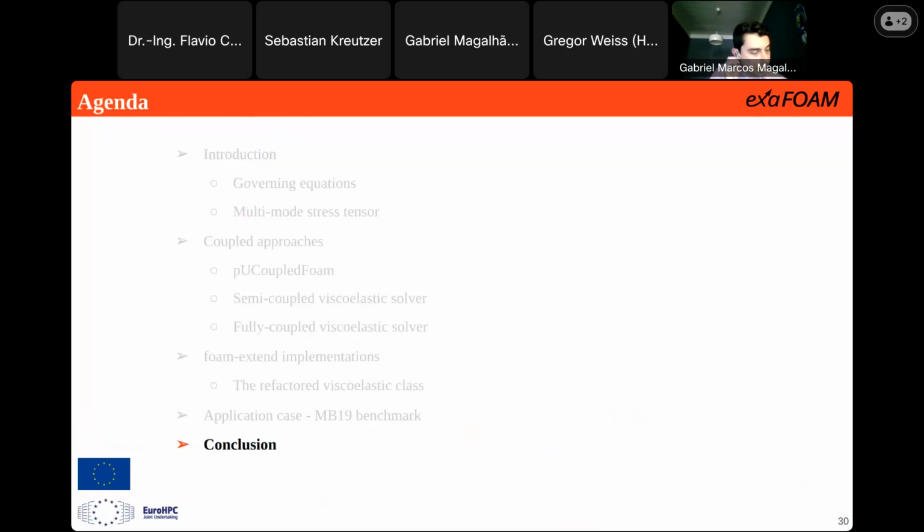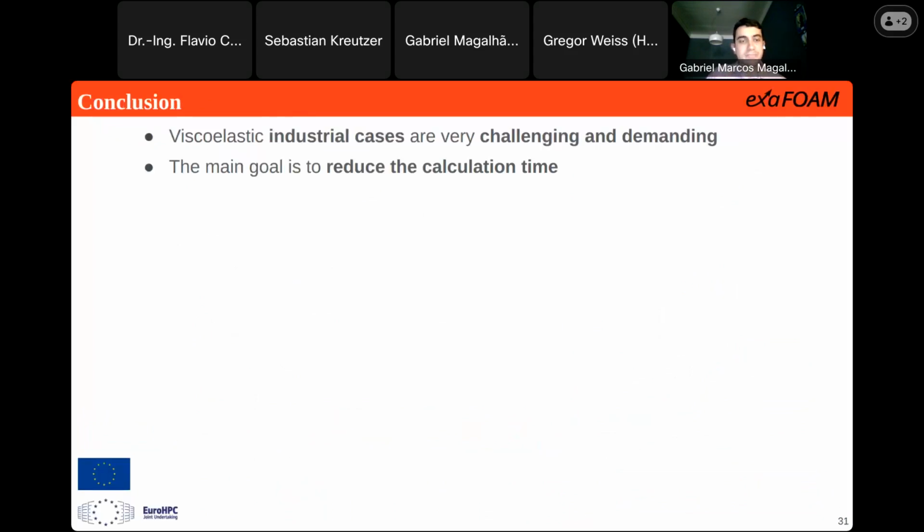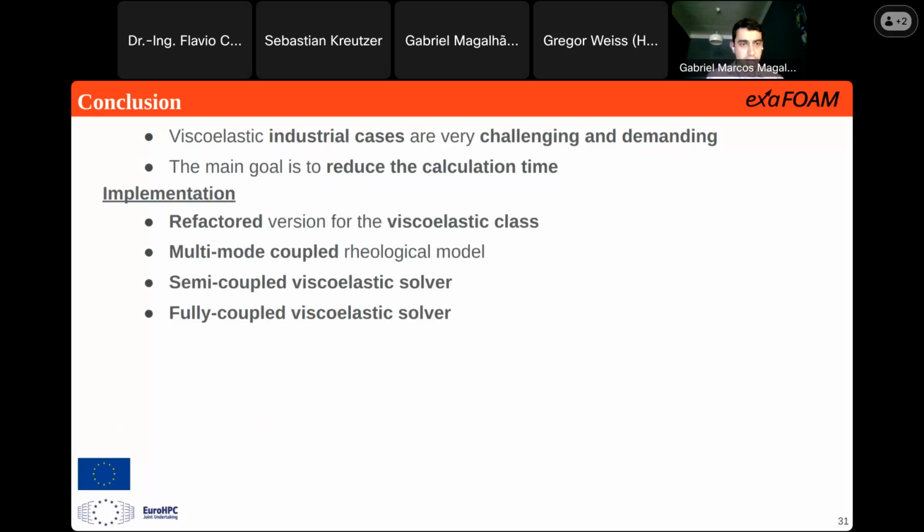So just to finalize the conclusions about our work, viscoelastic industrial cases are very challenging and demanding. Our main goal was to reduce the calculation time to make possible the use of the foam-extend viscoelastic solver in industrial cases, in real cases.